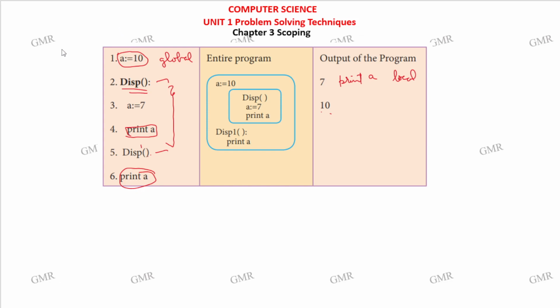Next one is enclosed scope. All programming languages permit functions to be nested. A function within another function is called a nested function.